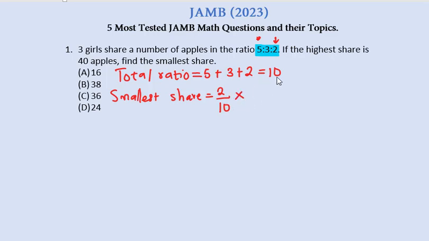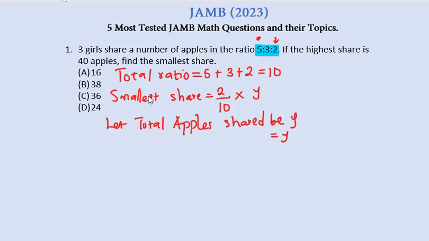This is total ratio, not total number of apples. So I can say total number of apples is y. Pay attention. So let's say total apples shared be y. That's equal to y.